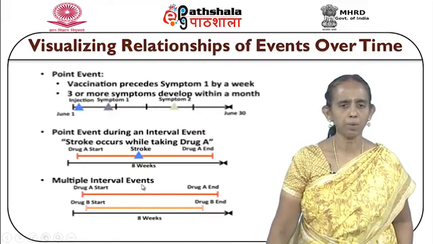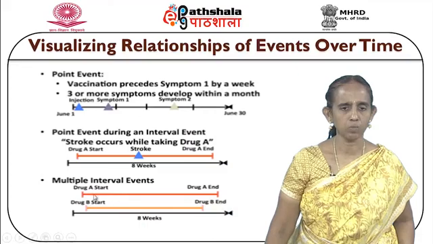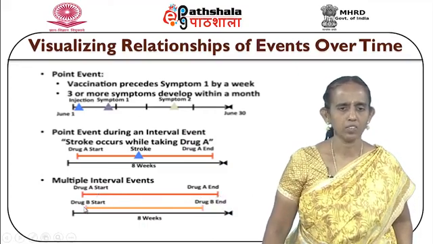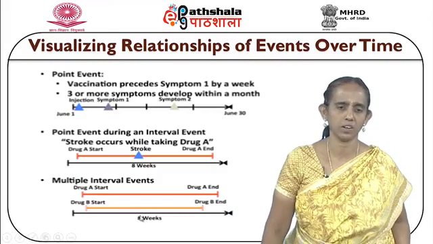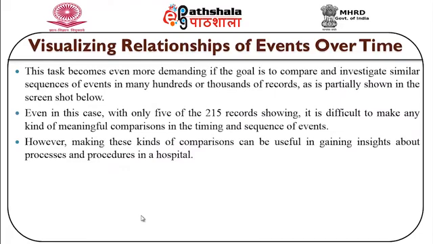Similarly, we have multiple interval events, that is when the drug A has been started and when the drug A has ended. Similarly, the time at which drug B has been started and drug B ends. So this task becomes even more demanding if the goal is to compare and investigate similar sequences of events in many hundreds or thousands of records, as is partially shown in the screenshot.